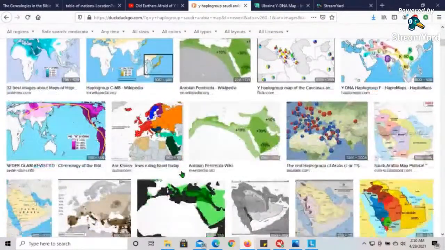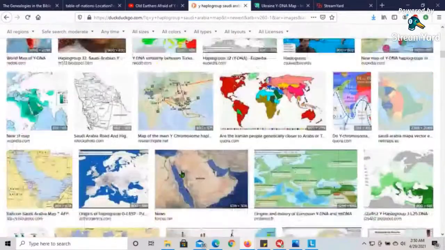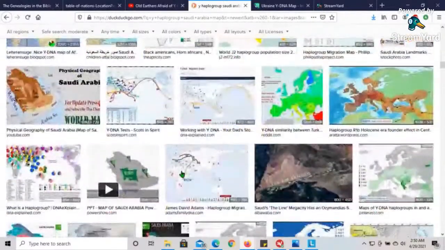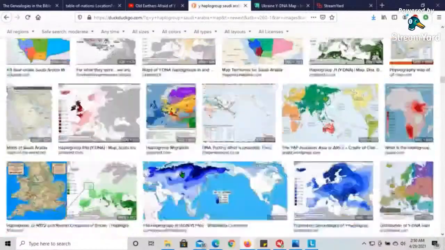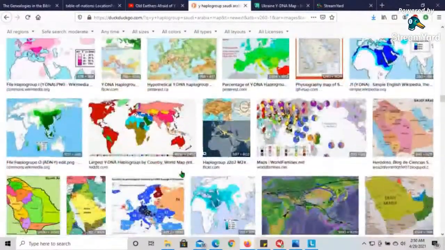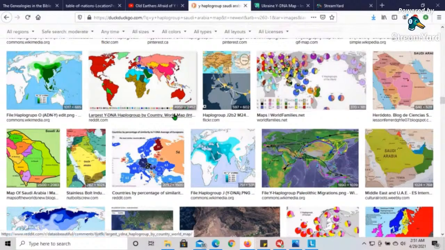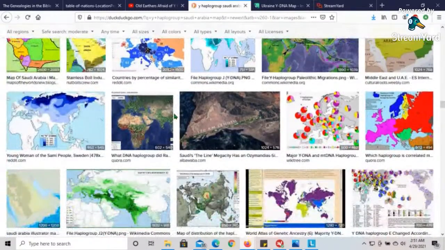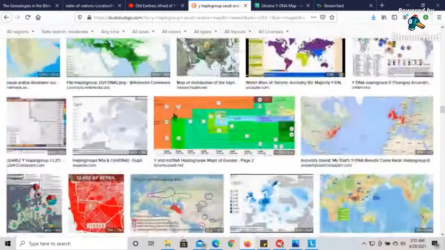Get a little bit dizzy looking at this, maybe. Actually, I should go to the saved images instead of looking for it. But here's a map of the Y chromosomes. But those are a little confusing, actually. It's a little bit crowded. It's hard to see.